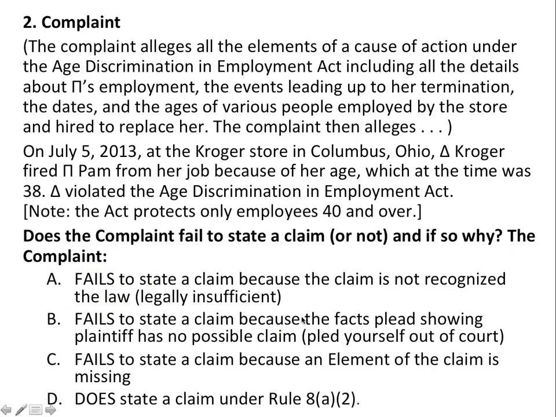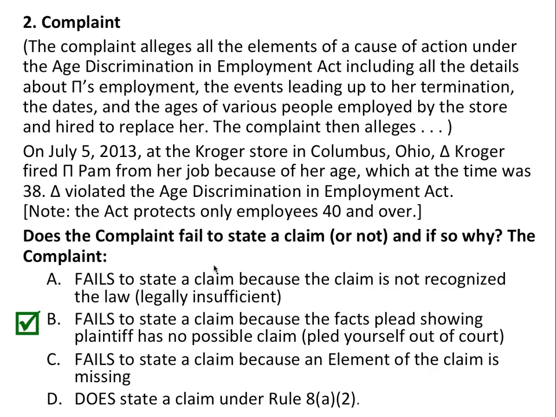Number 2. Once again, read through this complaint and what I tell you about the law and select an answer. Pause the video while you answer. Good, you should have selected B. This complaint fails to state a claim because the facts show that the plaintiff has no possible claim.